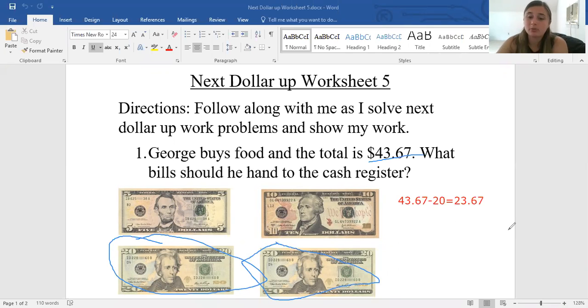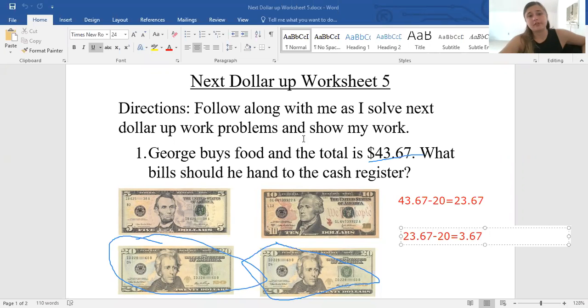So now we're going to subtract another 20, and I could just keep it open on my calculator. And that leaves me with $3.67. So let me show the math longhand here. 23.67 minus another 20 equals $3.67.